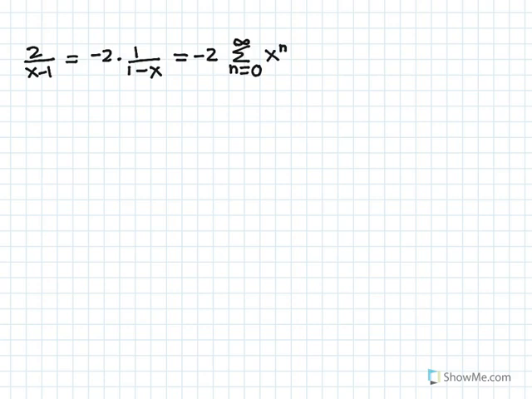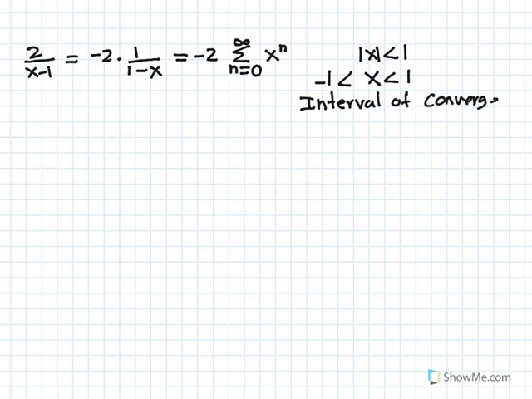This is a geometric series that converges for absolute value of x less than 1. The interval of convergence is x between 1 and -1. And the radius of convergence is 1.